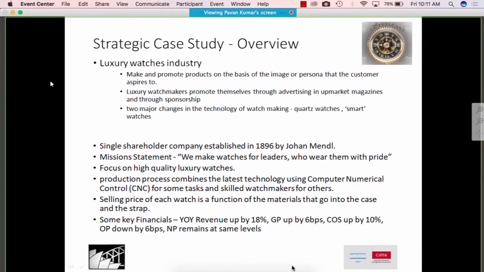I want to be something or like somebody, so that's why I'm buying a luxury watch. Luxury watchmakers promote themselves through advertising in upmarket magazines and through sponsorships. Two major changes in the technology of watchmaking are quartz watches and smart watches. These are the latest trends in the luxury watches industry.